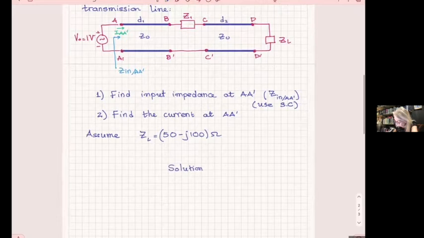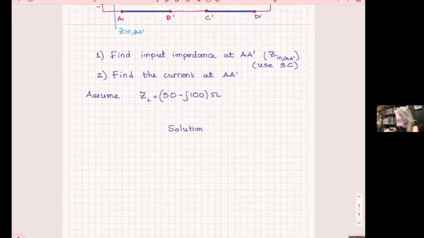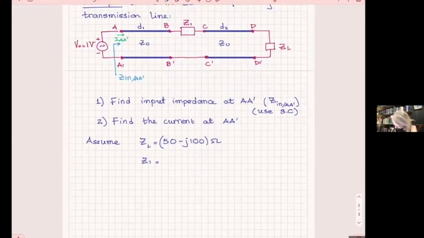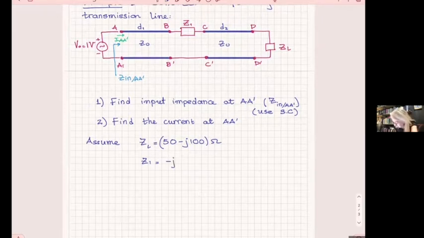That Z1, let me also move this for a second, I'll eliminate that because who knows how much space I need. Z1 is, well, minus j, whatever, minus j 50 ohms.